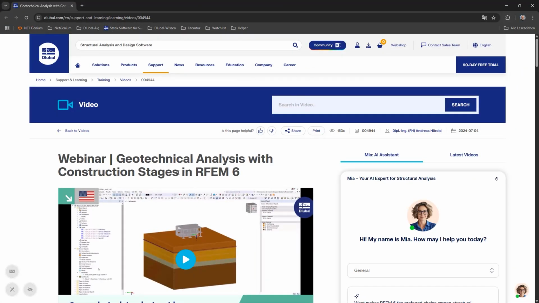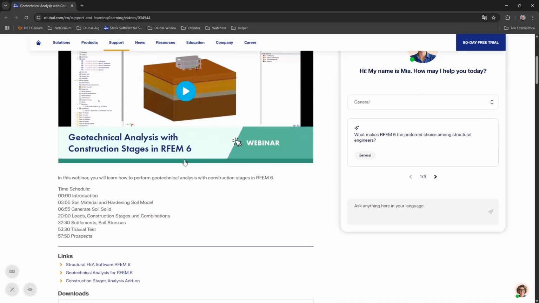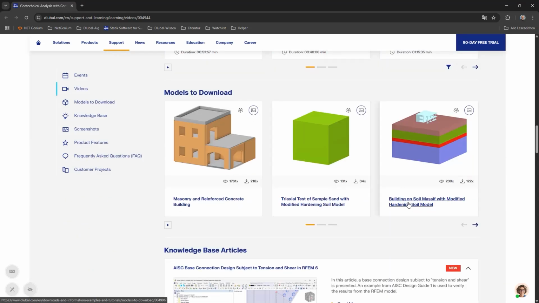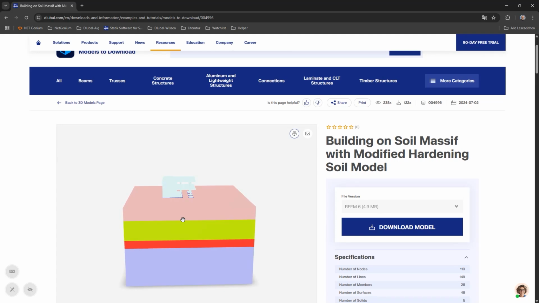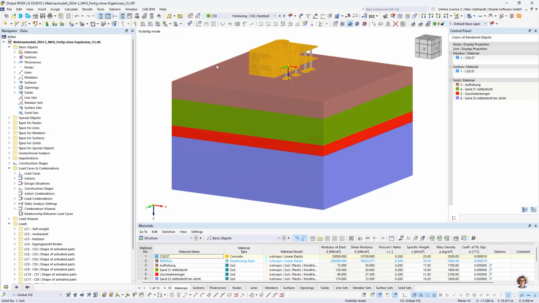It is the webinar Geotechnical Analysis with construction stages, which had a 3D analysis with nonlinear material behavior based on the hardening soil model. You can download the file down there, with a building and an already generated 3D soil. So we go back to RFEM 6 and see it is already loaded.